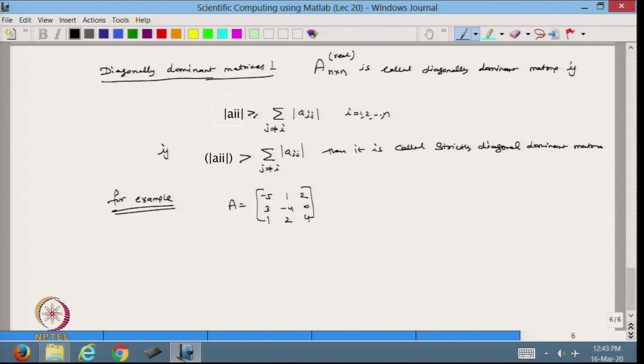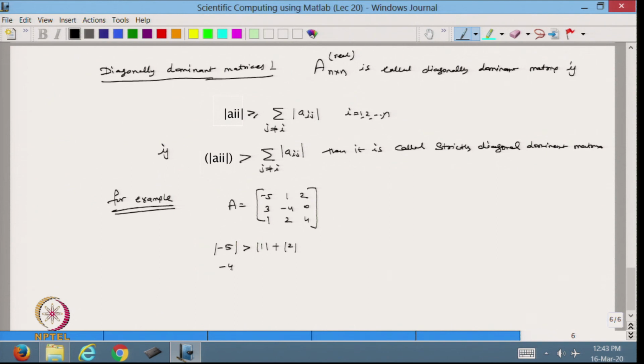So, in this case what is happening? Now, if I take the diagonal element 5, this is always greater than 1 plus 2, the other elements I am taking.